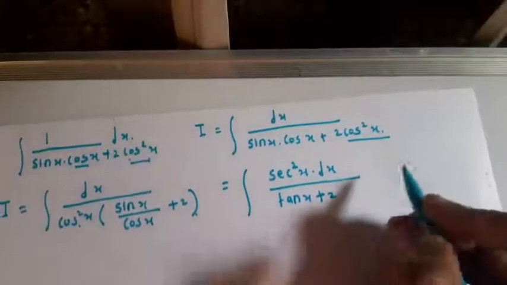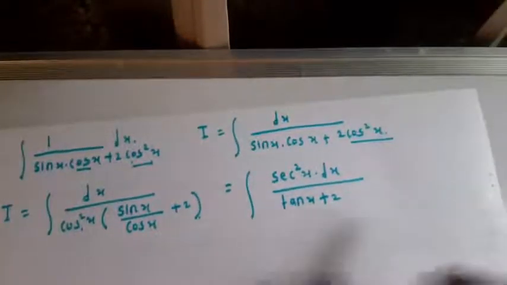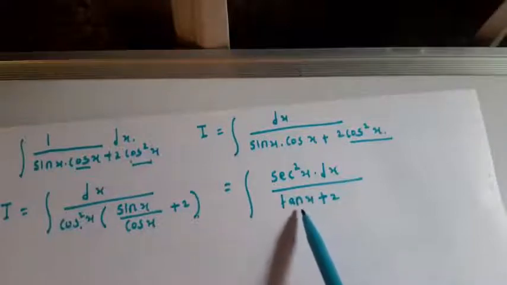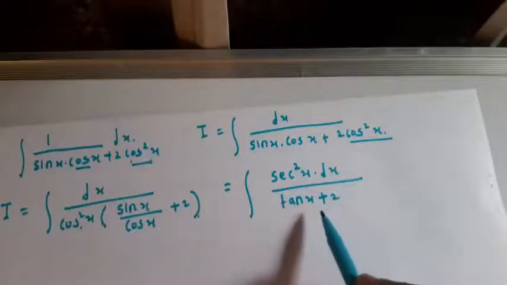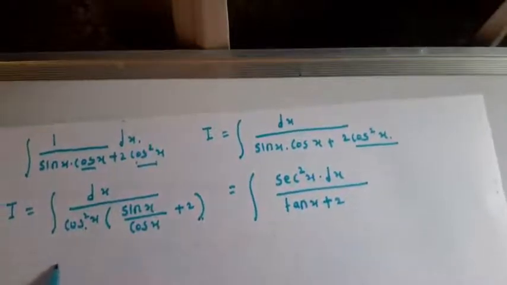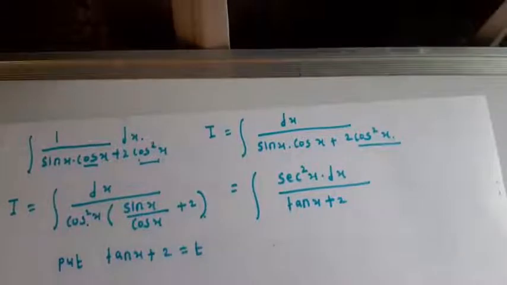Okay students, now see how the integrand we have simplified. Now if we substitute tan x equal to t, then the differentiation of tan x is sec square x, and hence the problem is now in a very simplified form, we can solve it easily. Now to solve this integrand, give the substitution, put tan of x plus 2 equal to t, and now please differentiate it.